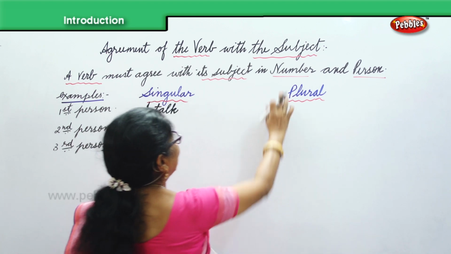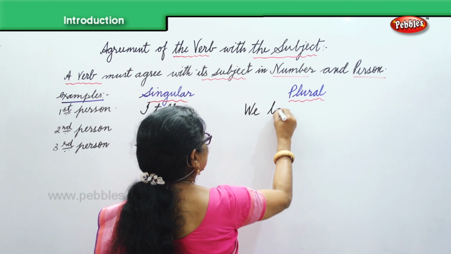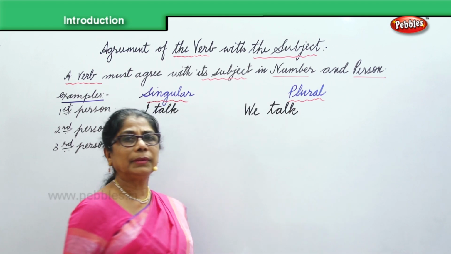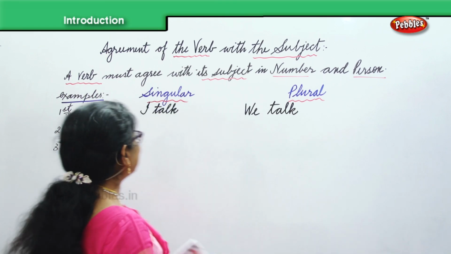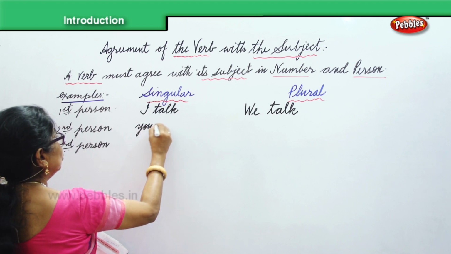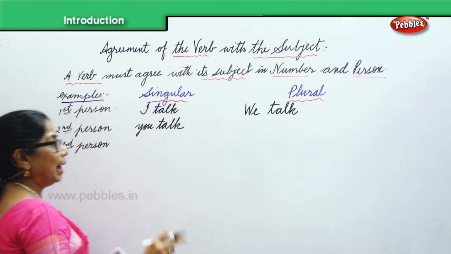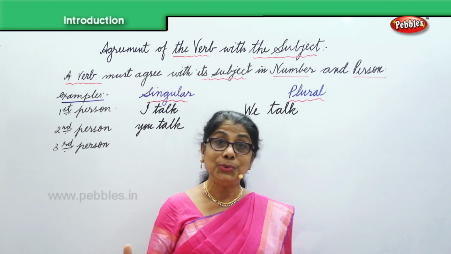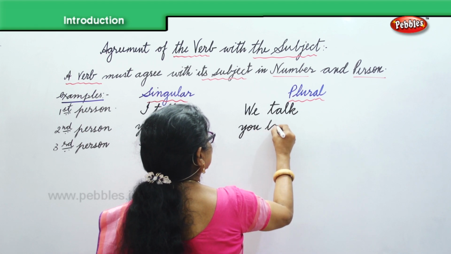But then we have more than one person, then we say we talk. The number and the verb agree. I talk, we talk. In the second person, you will say you talk. And when it comes to plural, in the second person, you will again say you talk. For the number, you only. You talk.